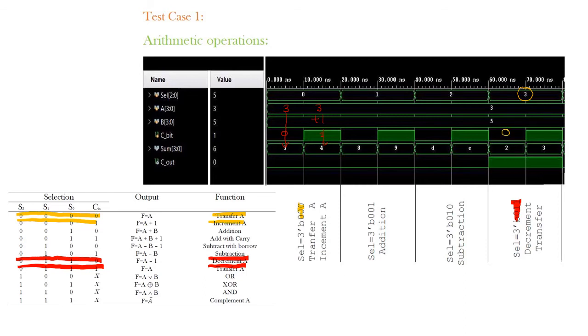Whenever the C bit is 0, it is a decrement by 1. So 3 minus 1, which is 2, we can see in the result. And whenever my C bit is 1, it transfers whatever A is. So we can see it transferred A.